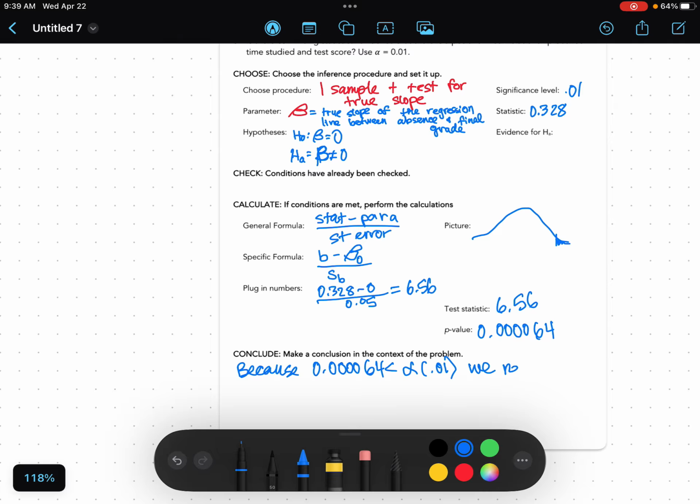Reject our null hypothesis. We reject our assumption, right? Again, we were assuming that the true slope was 0, that there's not a linear relationship, or that it would have a slope of 0.